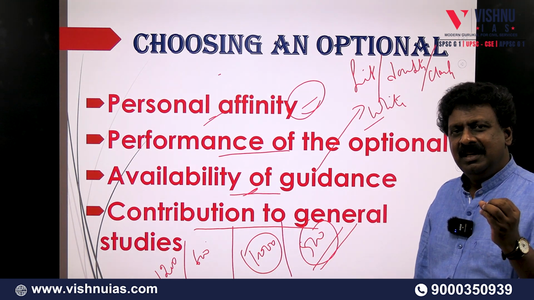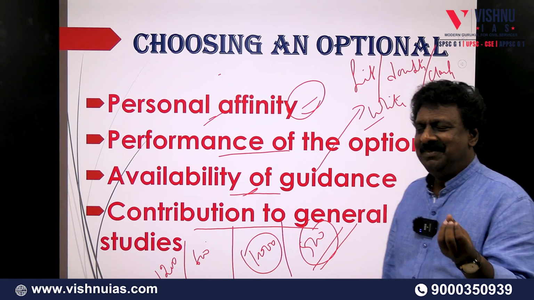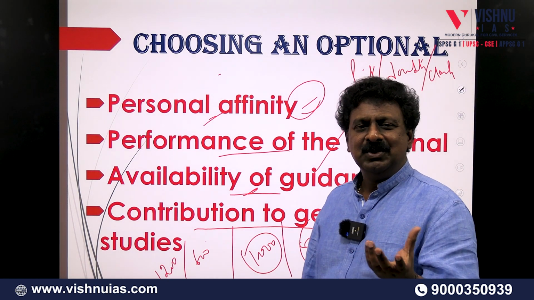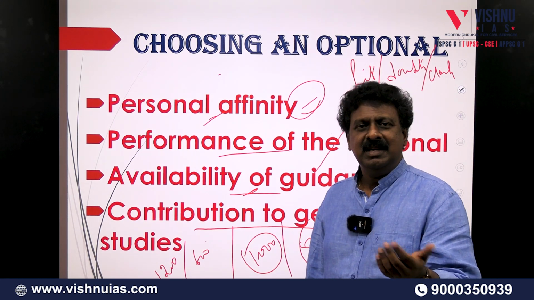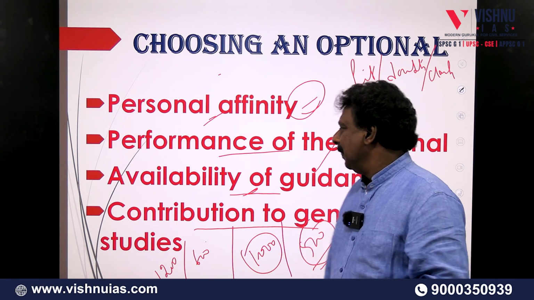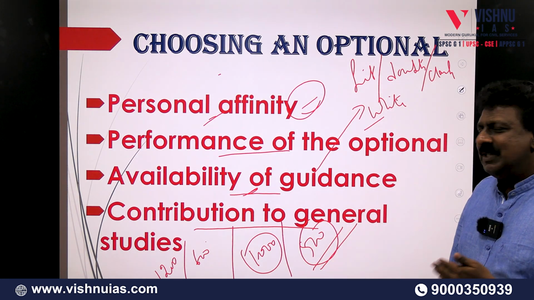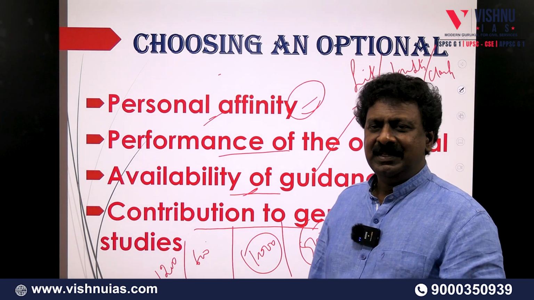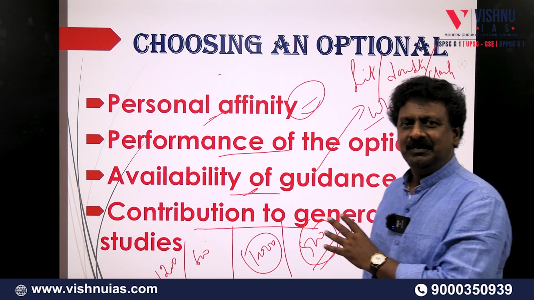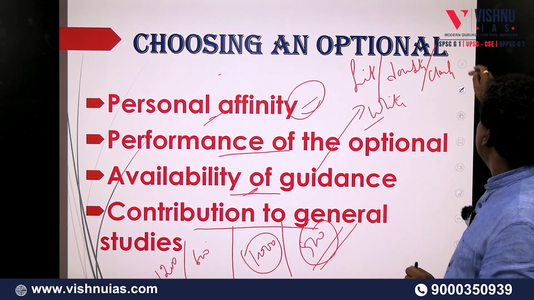Of course, you should be able to judge whether you're able to get access to the services of an expert who can deliver on that optional. And fourthly, also see how much each option is contributing to your preparation for general studies. Keep these 4 criteria in your mind. Okay, and then you can make a choice.